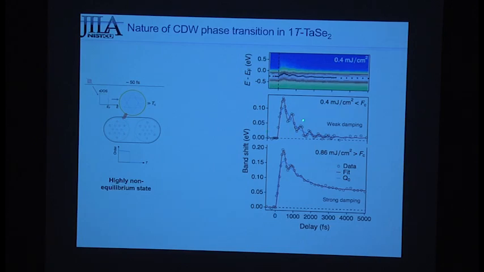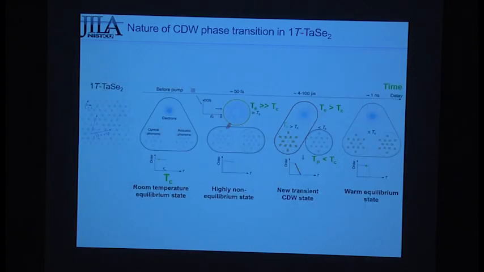We can associate this oscillation with a specific phonon mode and see that after you smear out the charges, you launch a certain phonon mode and you modulate the electron-phonon coupling. That's changing. This is perhaps not too surprising in a Peierls-like material, because this is the whole nature of that material. But it was interesting.